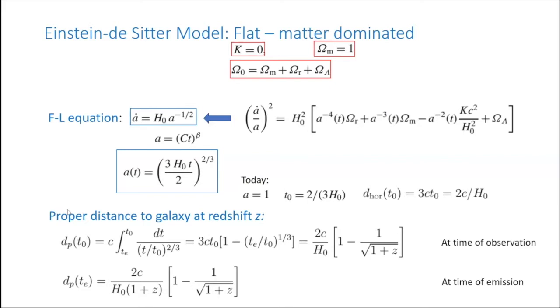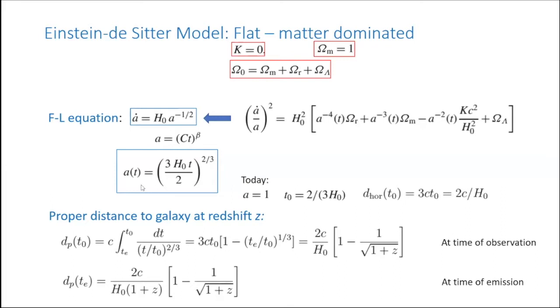So a should be a function of t, with t to the power of some number, with c being a constant of proportionality. If you put this ansatz into this equation, you would get a solution which gives you how a evolves with time.